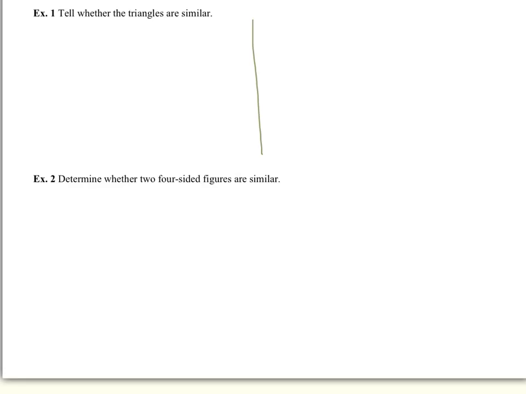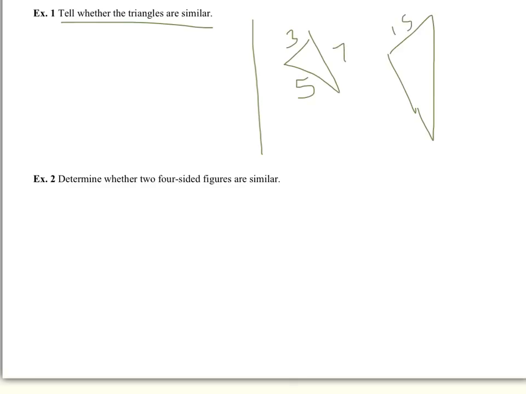Okay, under example 1, let's try another one. Again, we're comparing triangles. So I'm going to make another triangle and another triangle. I have 3, 7, and 5. And then I have 15, 28, and 20. Again, I like to name this one A and the other one B. Doesn't matter which order, so that when I set up my ratios, I'm always comparing one triangle to the other triangle.